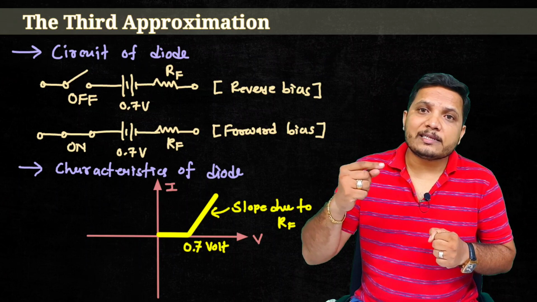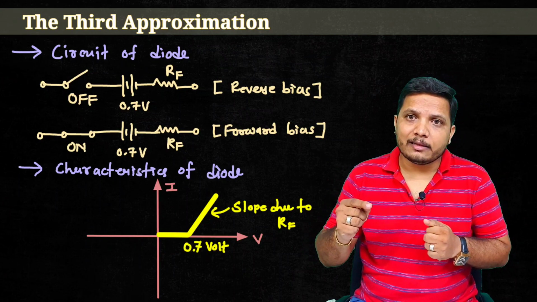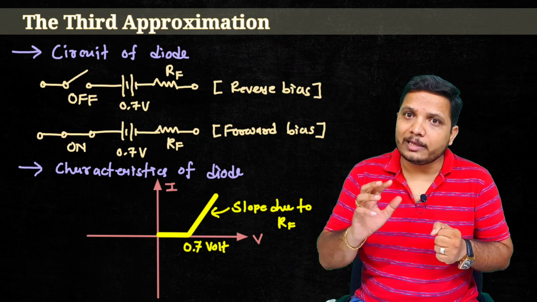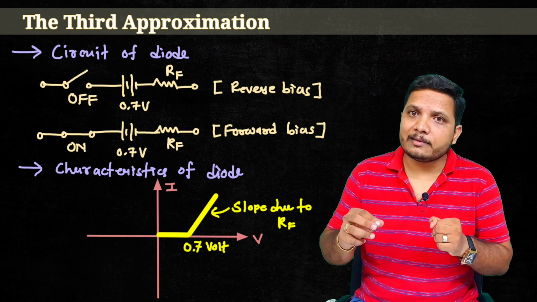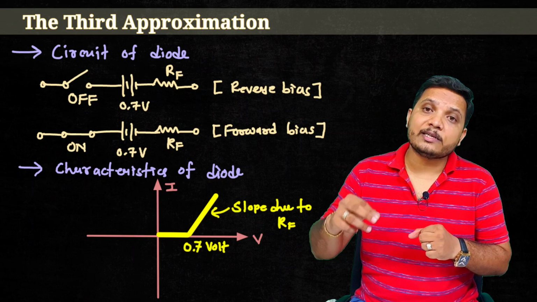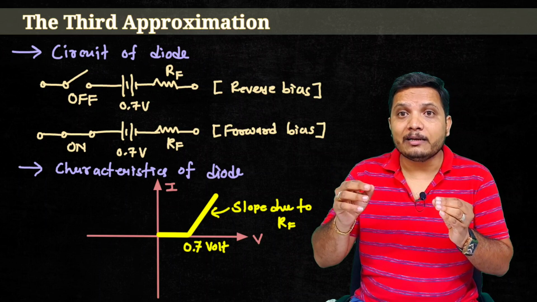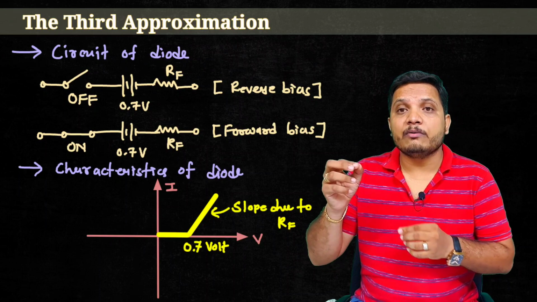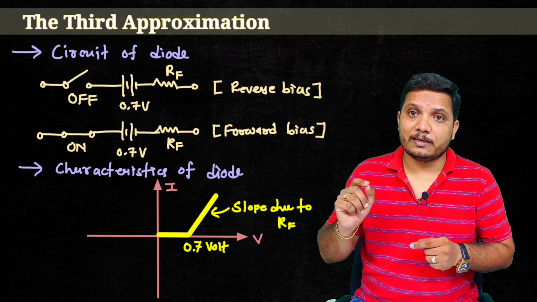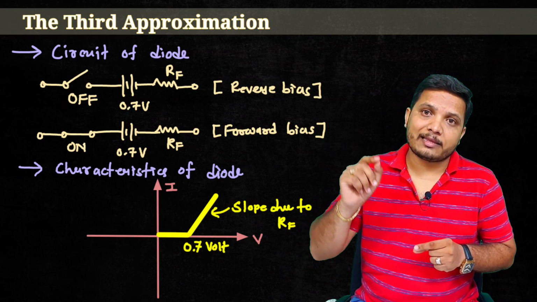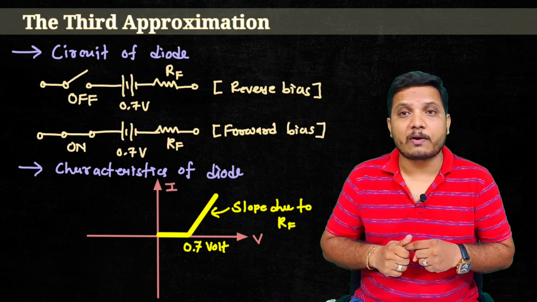If you give greater than 0.7 volt, then that circuit will be considered as switch on, and in that case after 0.7 volt there will be flow of current, but that current will have a slope based on the resistance, right? So there will be a slightly inclined line that you can see in the characteristics during forward bias condition.